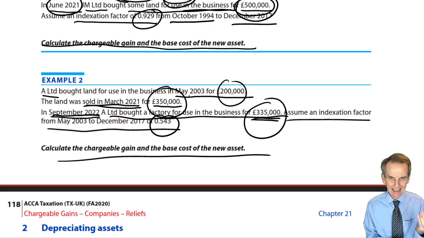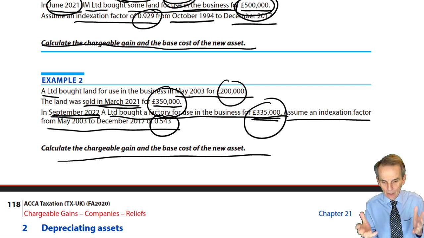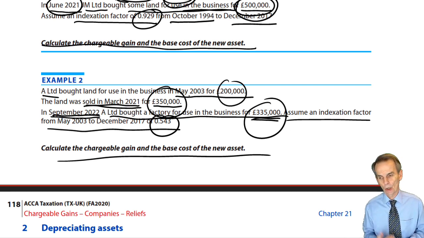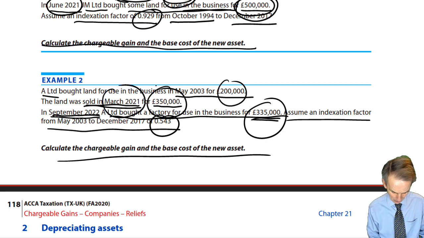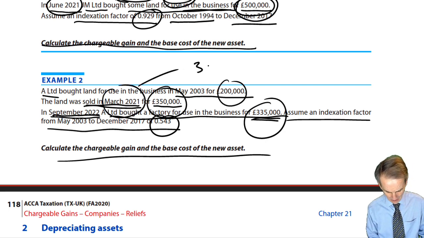Yes, a single asset will have been sold. It gives rise to a chargeable gain. But the reinvestment that goes towards any rollover relief claim or claims, the reinvestment doesn't have to occur all in one. Here, we're told about one such reinvestment, that having sold in March 21, that would mean that we're talking about 3 years on from that, so that would be March 24.